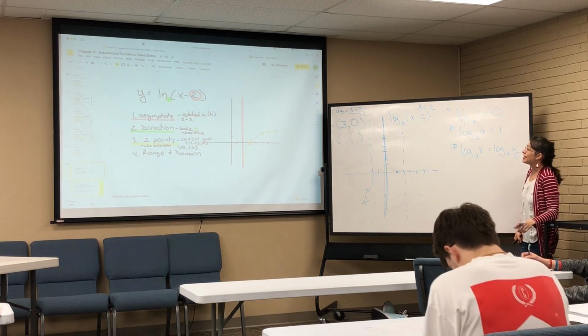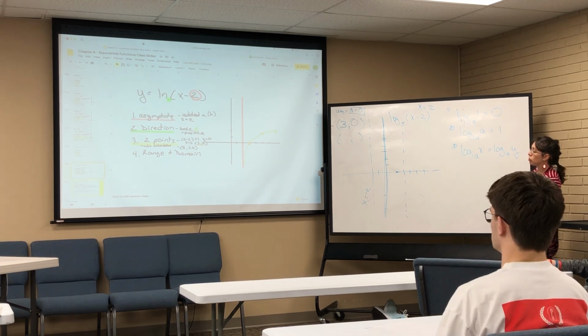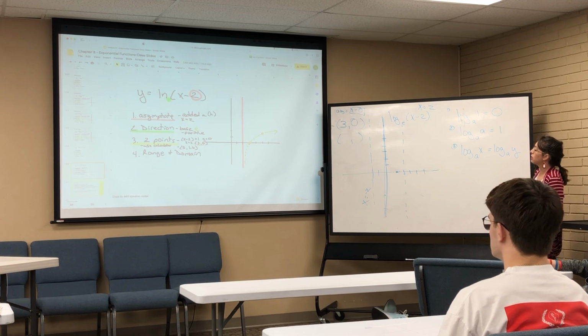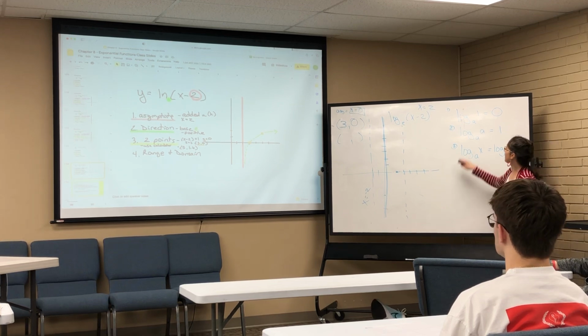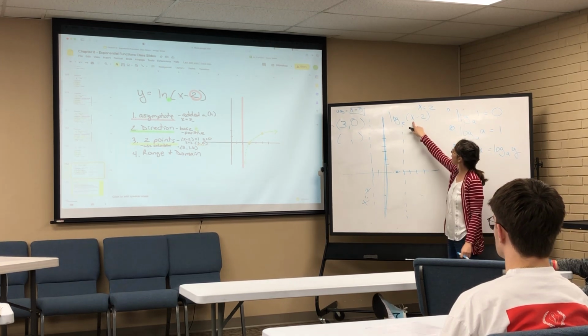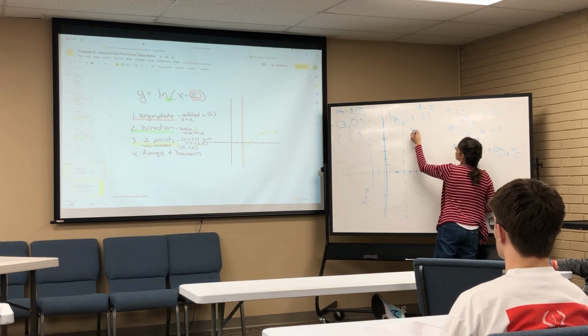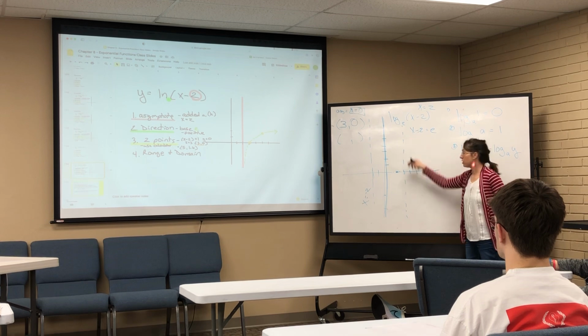The other one that we want to do, and in this case, because it's an e, you'll just use your calculator. I won't have a natural log on the test for it. You would just pick a number and then use your calculator for it, because to make it equal to 1, we would have to make x minus 2 equal to e, and that is a non-terminating number, so you're not going to get an actual x value.